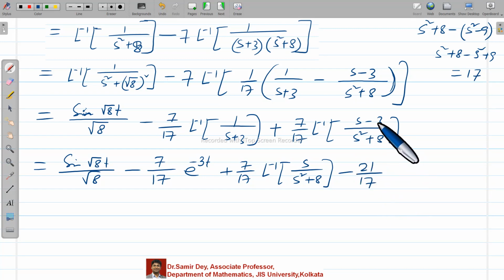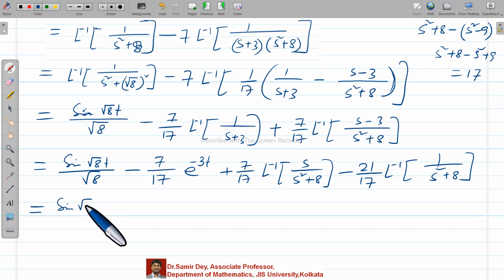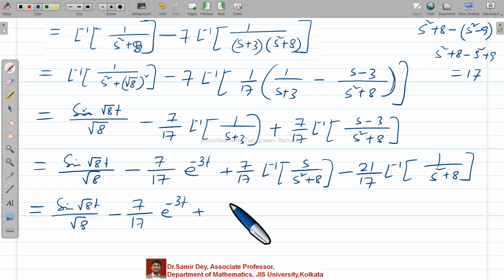Is it clear to all of you? 7 into 3, that is minus 21 by 17, minus adjusted. So L inverse of 1 by s square plus 8, same process, so this can be sine root 8t by root 8 minus 7 by 17 e to the power minus 3t plus 7 by 17.